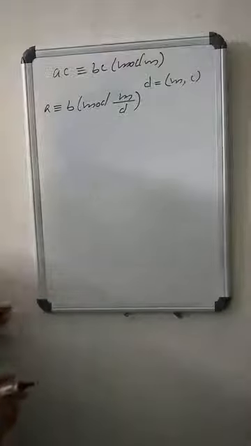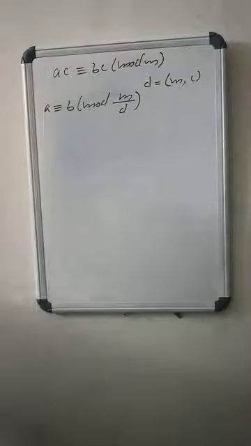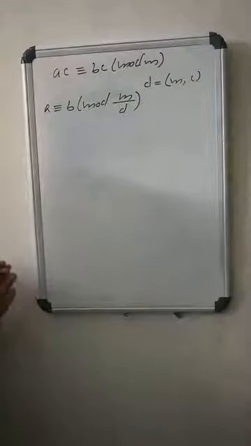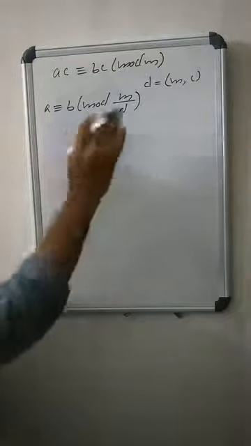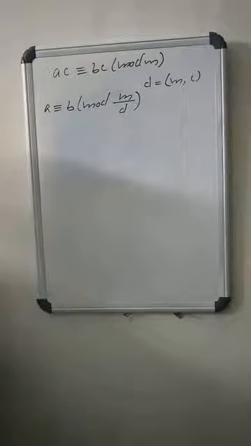That means a common factor C can be cancelled provided the modulus is divided by D, where D is the GCD of M and C.